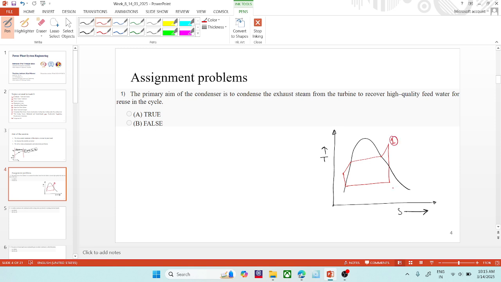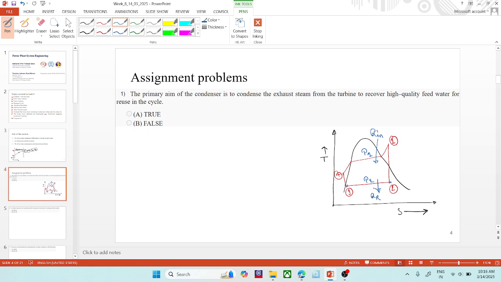This is process one, states 1, 2, 3, and 4. This is at higher pressure P1, the boiler pressure. This is condenser pressure P2. Here heat Q in is supplied in the boiler, and here heat is rejected in the condenser.